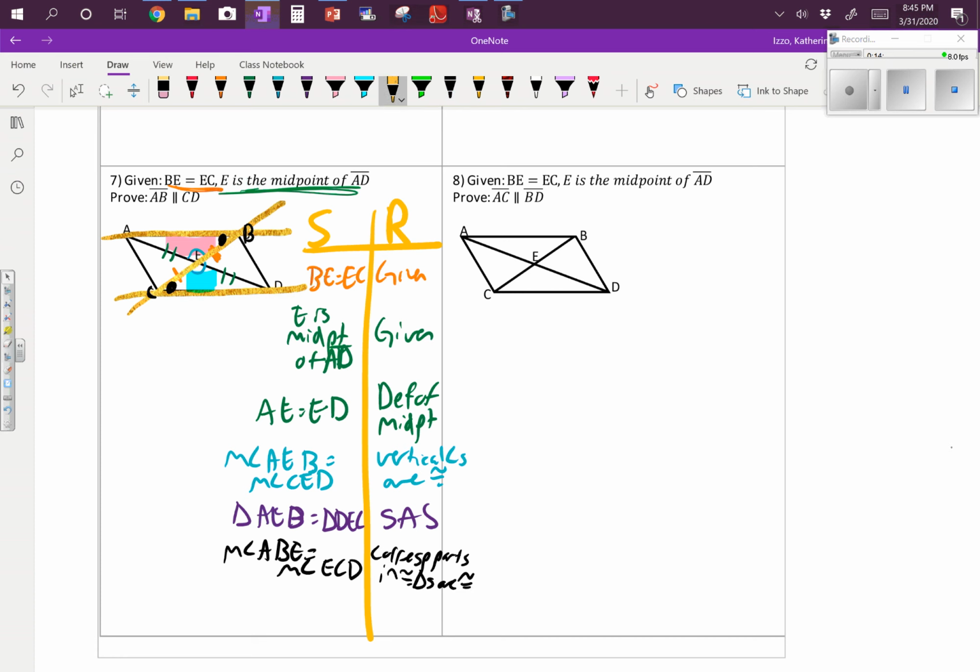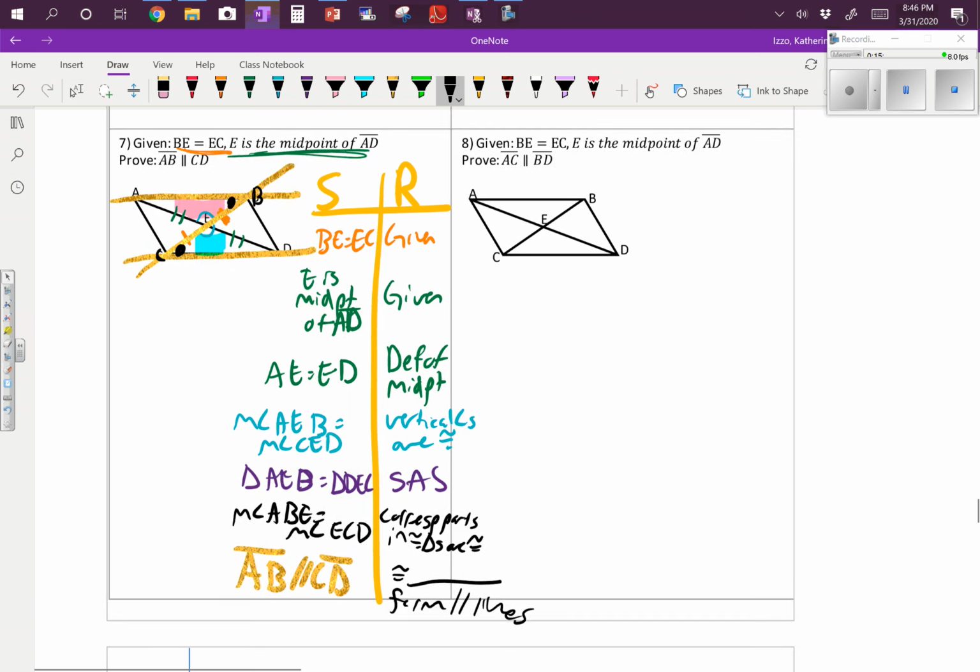And that will snap my AB parallel to CD because congruent blank form parallel lines on the transversal.